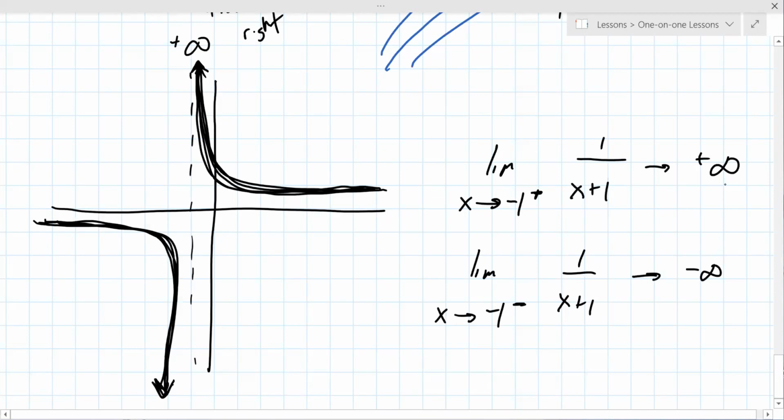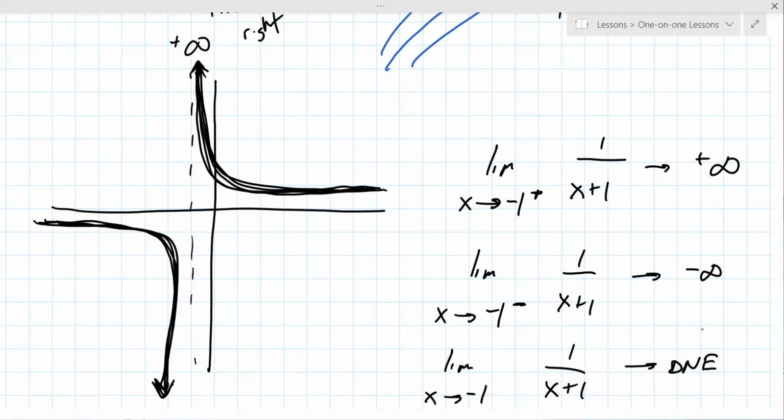No. So the limit as x approaches -1 does not exist, because they do not approach the same value. But a one-sided limit always exists. If they're together, it doesn't exist. That's right. That makes sense.